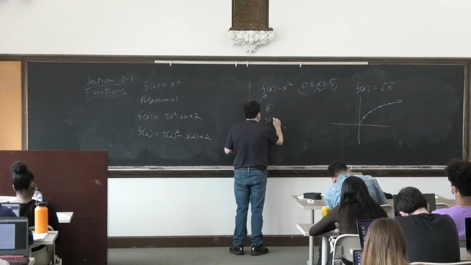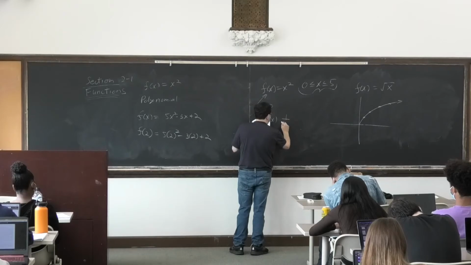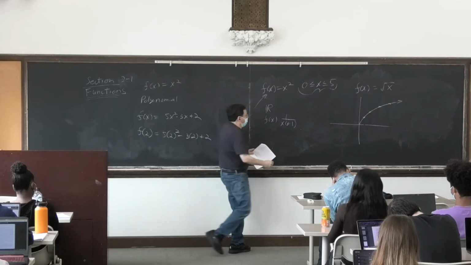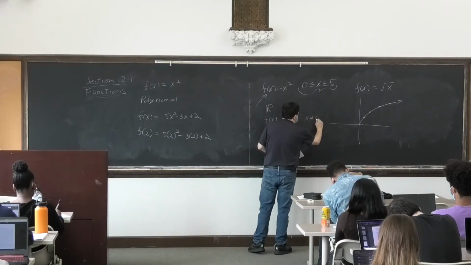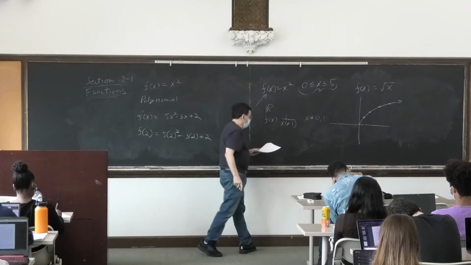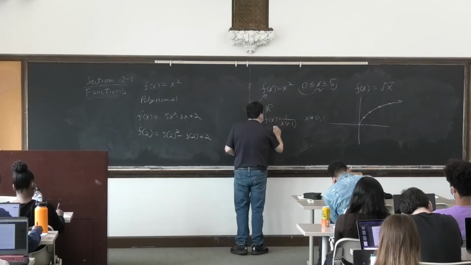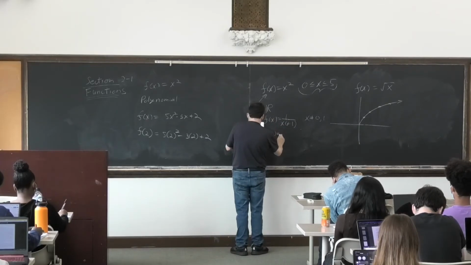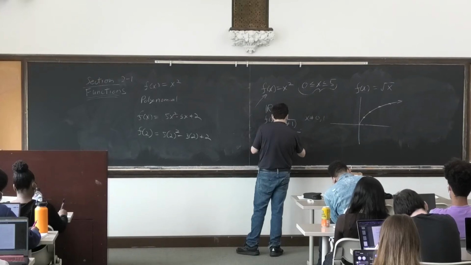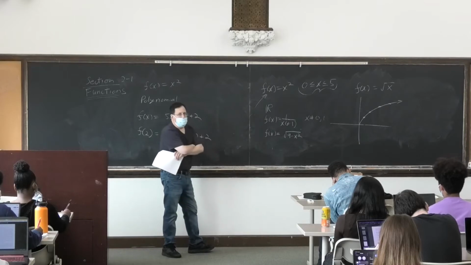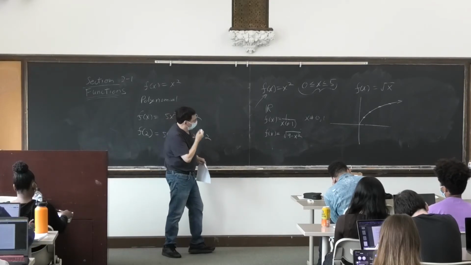A function like x times x minus 1 can take all reals except, of course, 0 and 1, because you'd be dividing by 0, which is undefined. If f of x was 9 minus x squared, well, here we don't want to have any imaginary numbers.